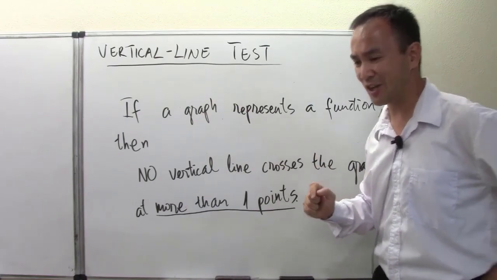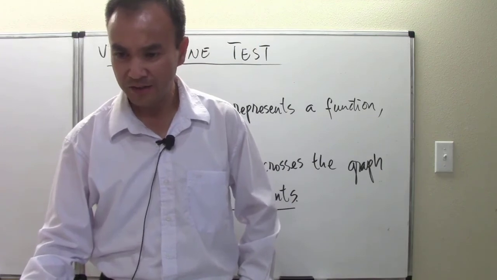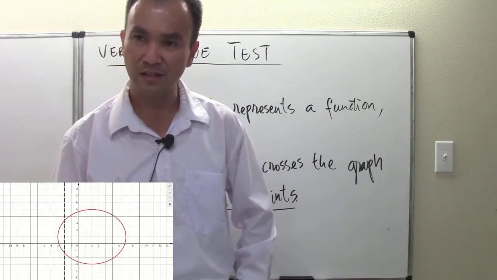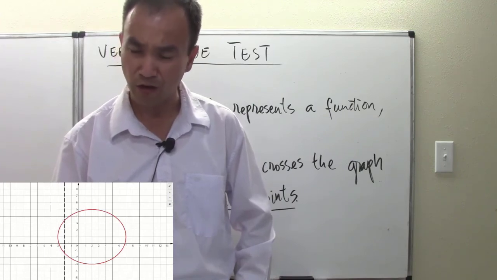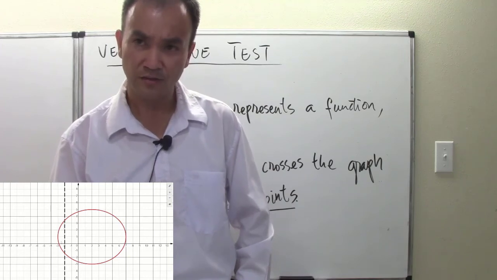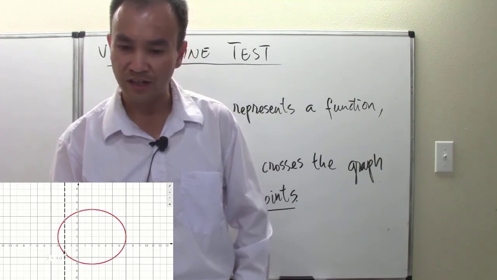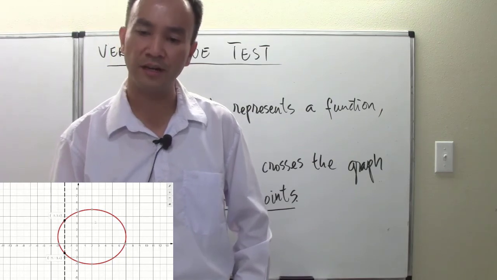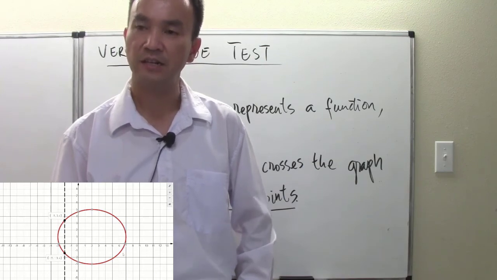Okay, and so that's why, back in this little graph I did earlier, I placed a vertical line right here, and this vertical line already crossed through the graph at more than 1 point. See, it crosses through at more than 1 point, and this is why this graph fails to represent the graph of a function.